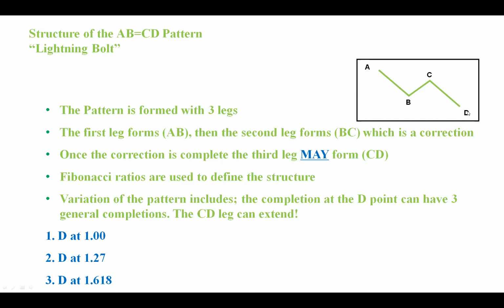The other completion area that I use is the D at 1.618. Just remember that this leg can extend, and about 60% of the time, it's going to be longer than the AB leg.